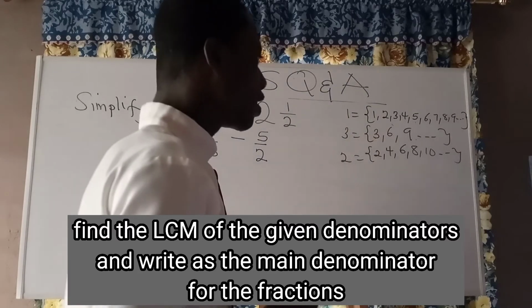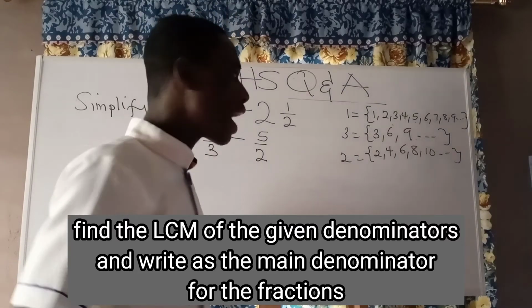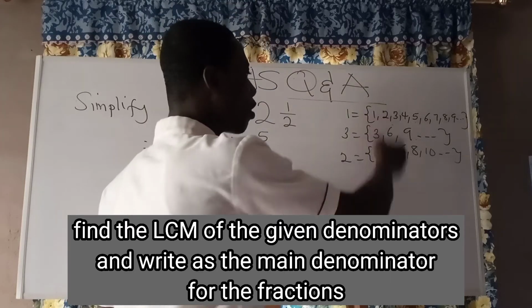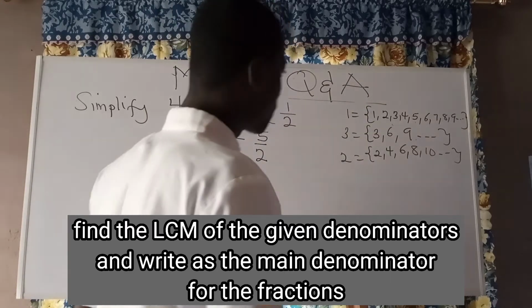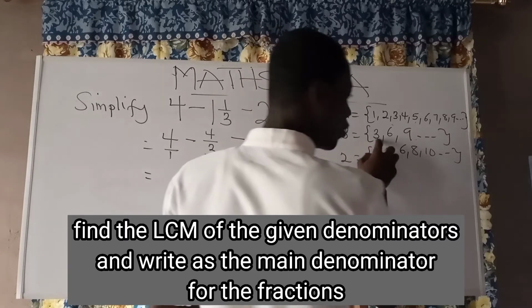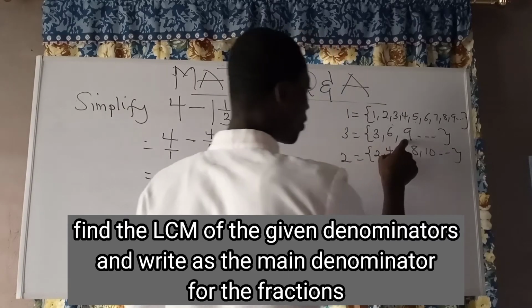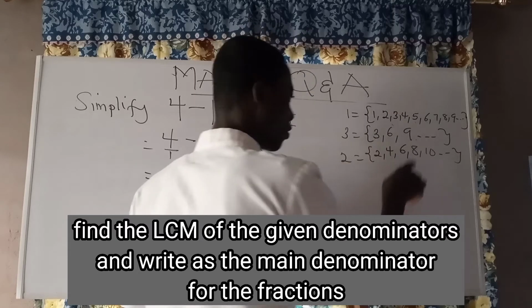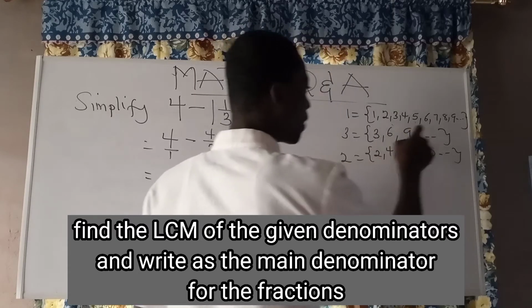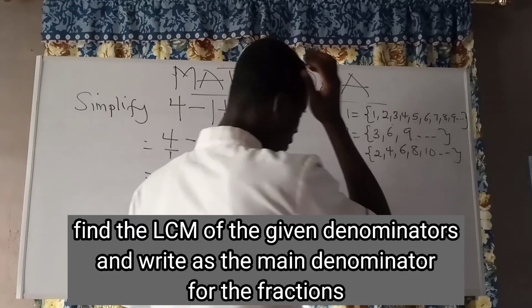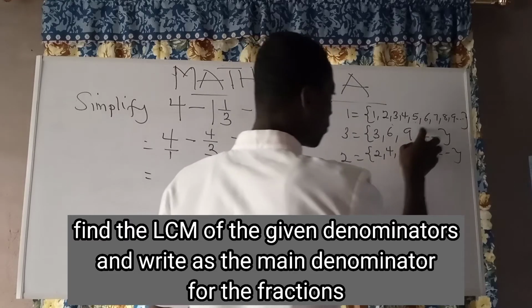Now, out of these, you figure out which ones are common to all the multiples of the given numbers. We have 2 here. We don't have 2 here, so it's not common. We have 4, still not common. We have 8, still not common. We have 10, not common.